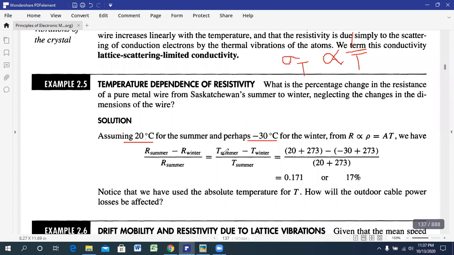Using that formula, you have to find out the percentage change of the resistance of the pure metal from Saskatchewan summer to winter. Neglect the changes in the dimension of the wire. That means no need to consider the dimension of the wire. Just consider the temperature with the resistance. We know that they are linearly proportional, so easily you can find out the percentage here. So try to solve 2.5.